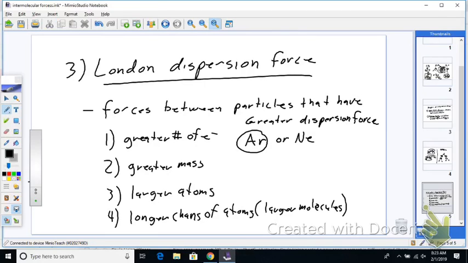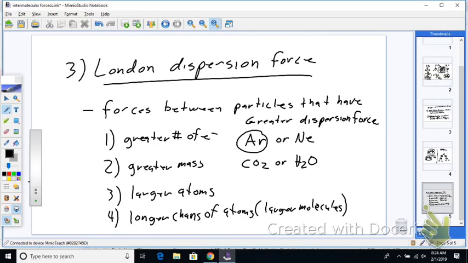Let's do a molecule here. Let's go CO2 or H2O. So which one has a greater mass, H2O or CO2? CO2. You guys know how to find molar mass, right? Oxygen, you got two of them, that'd be 32 plus 12 is 44.